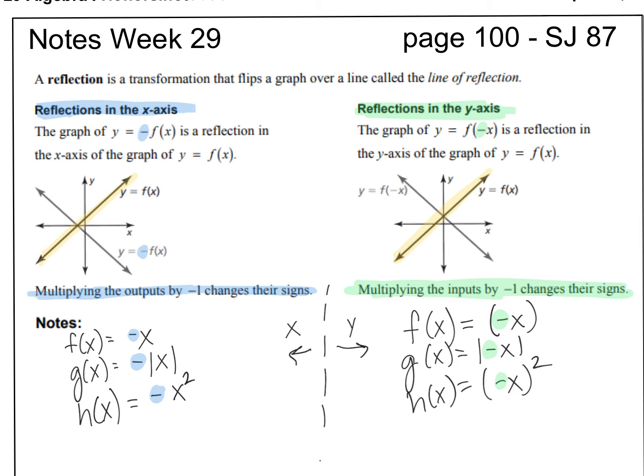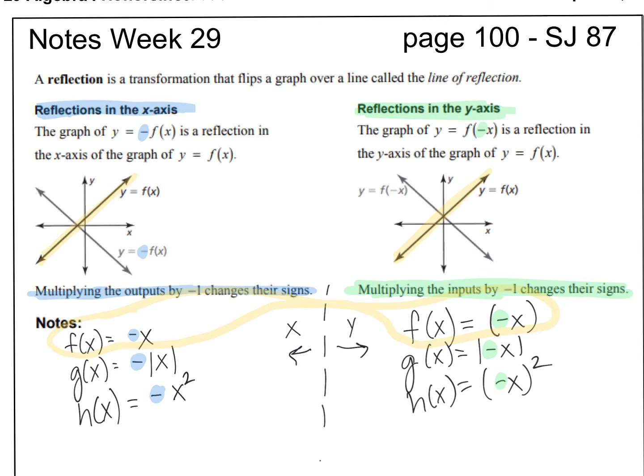Now the one issue or concern that I have is that honestly and truly, if you think about it, I'm going to circle them. The f of x's that I circled, those are actually the same thing. So for a linear function, the reflection in the x and the reflection in the y are the same thing.